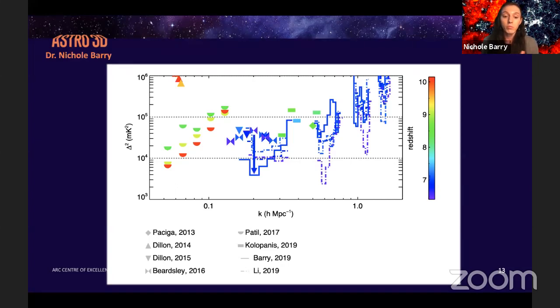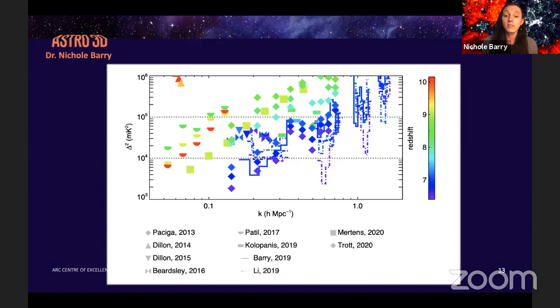We took Beardsley 2016 data here in the bow ties, that same exact data set. We re-reduced it with all of our improved analysis systematics, and we also removed as much of that channel 6 as possible. Then you get this solid line for Barry 2019. That was an improvement of about a factor of 10.